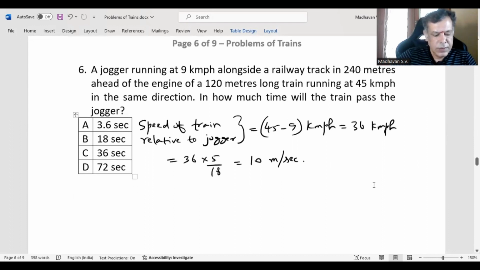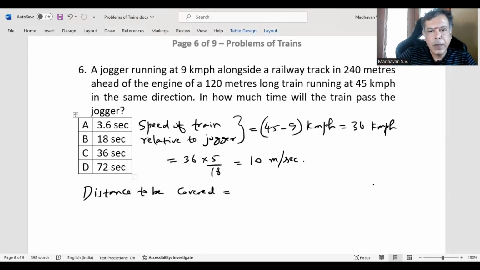Now, distance to be covered will be, railway track is 240 meters plus 120 meters, which will give us 360 meters.